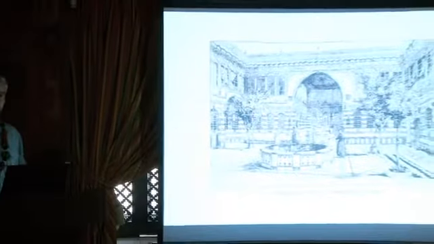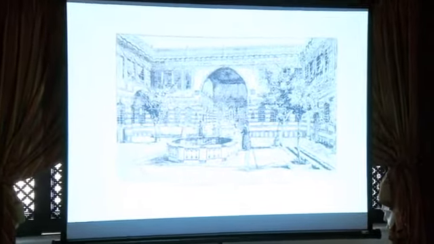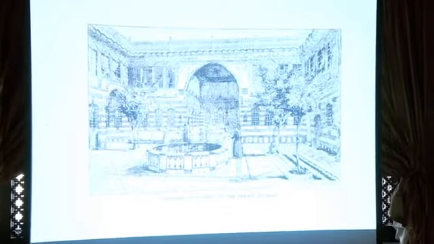So if we start with housing, as anyone who has ever walked through the old quarters of an Arab town can immediately see, the basic design for a house was the courtyard design. And here the first image I've put up is not exactly a typical courtyard, but of course it conveys, I think, the essential elements.